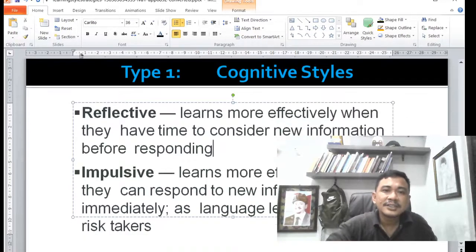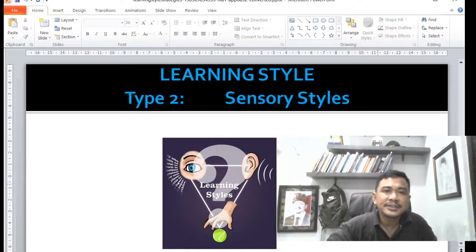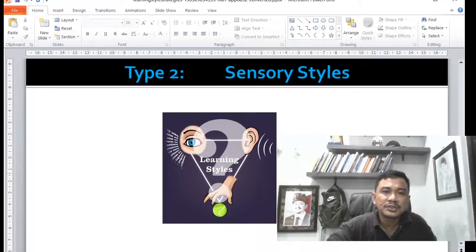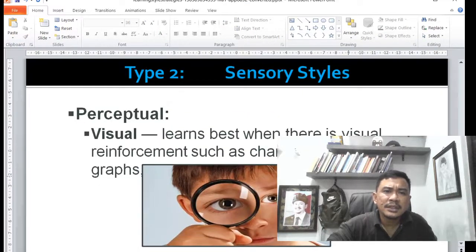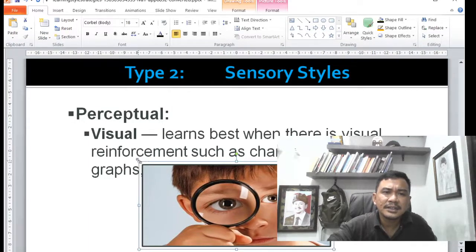Okay. So the second one, learning style, type two, sensory style. Learn best when there is visual reinforcement such as charts, pictures, graphs.